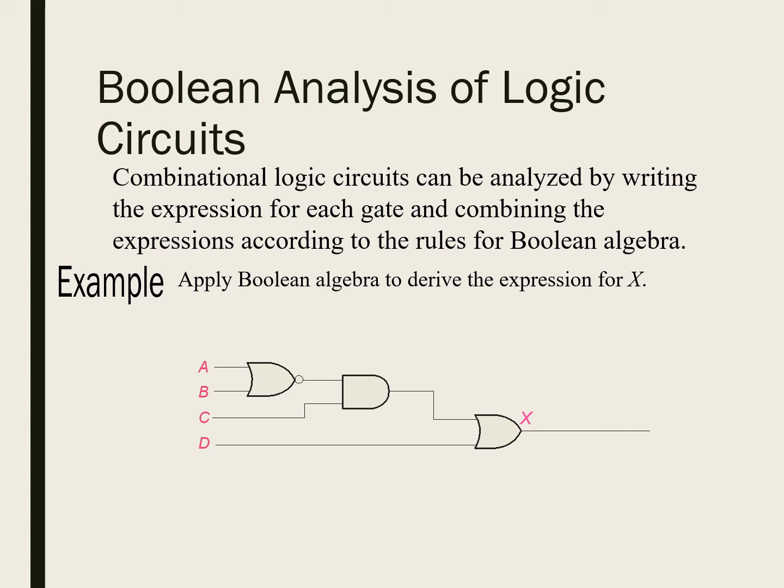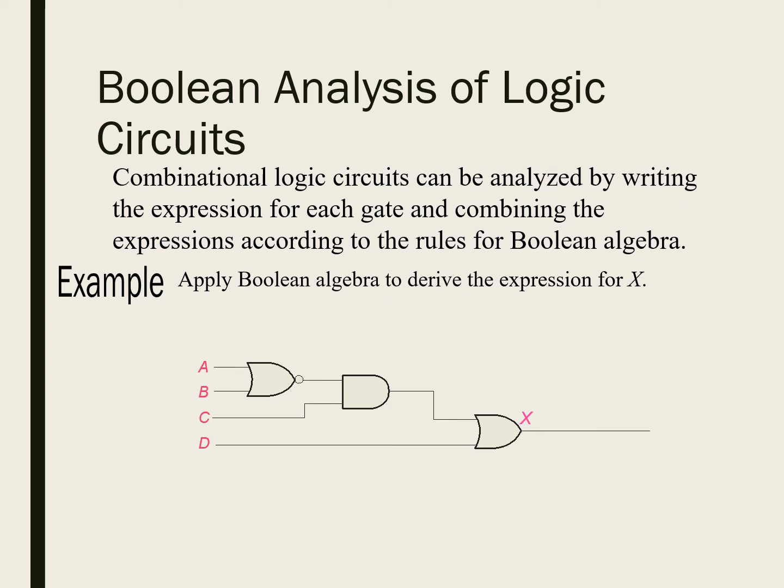First A and B enter the NOR gate and it becomes (A or B) the whole bar. Then this (A or B) the whole bar is one input of the AND gate and C is the other input of the AND gate.